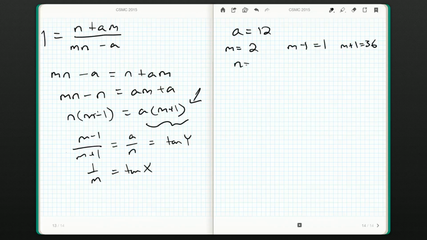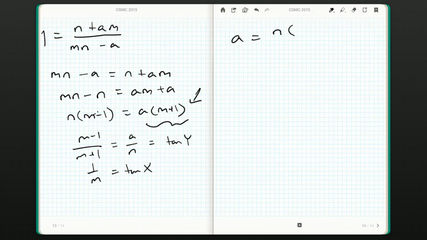Then n being 36 would work. Okay, so that's what happens when a is 12. Tricky, tricky, tricky.